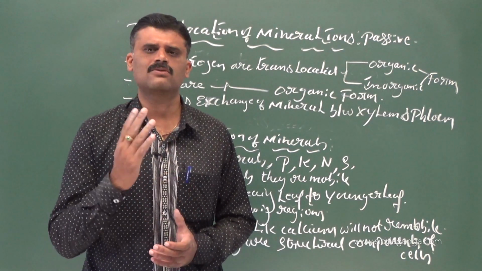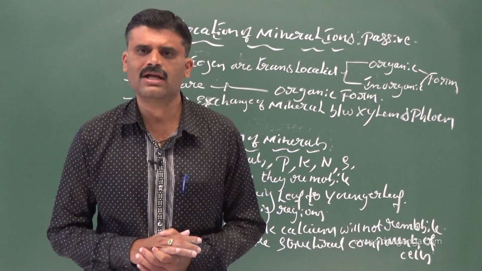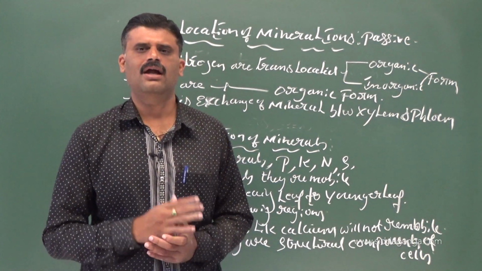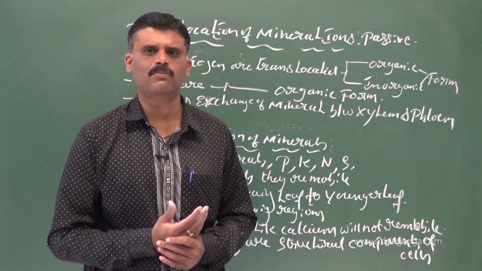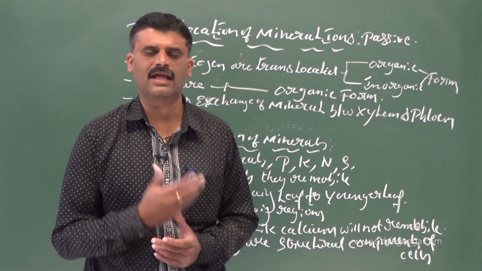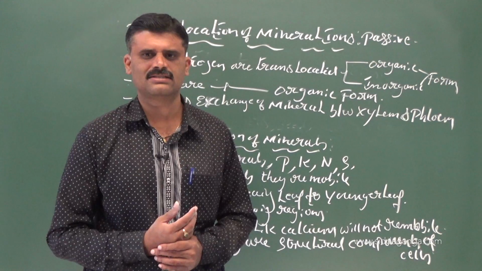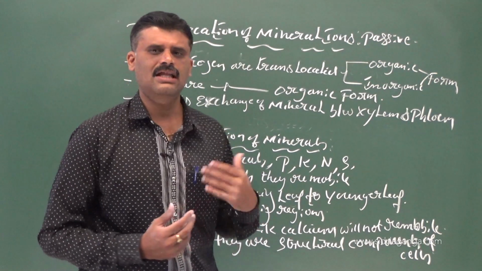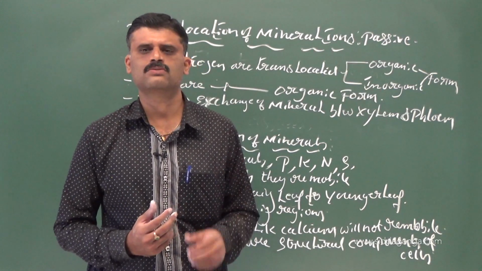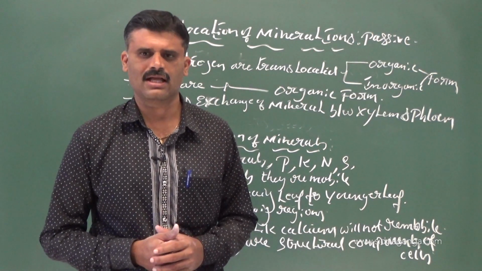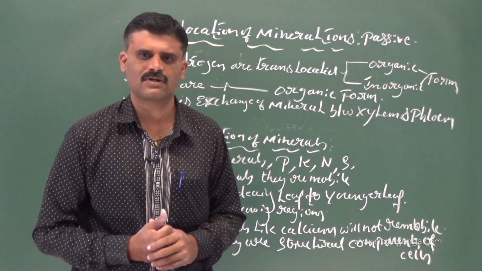The translocation of minerals mainly moves minerals to the growing regions of the plant body, and the majority of minerals remobilize from the dying leaves or dying parts of the plant body to growing regions. Then xylem transport is not purely inorganic and phloem transport is also not purely organic. So this is about translocation of minerals. Okay, thank you.